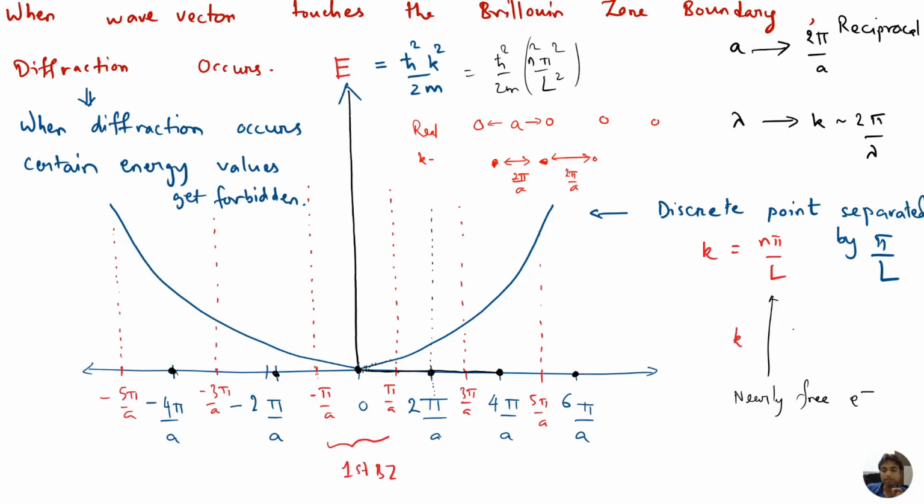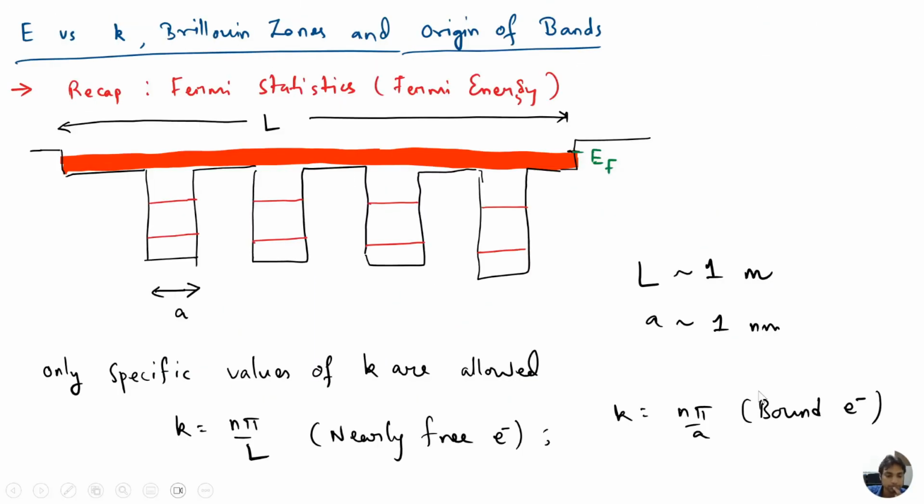Now, let us go to the next slide and recap what we have done. We have a metal of length L, and the periodicity is a, so this length is a, of the order of the periodicity.